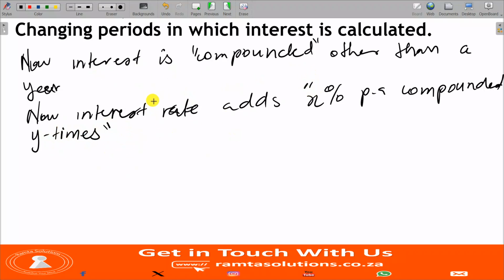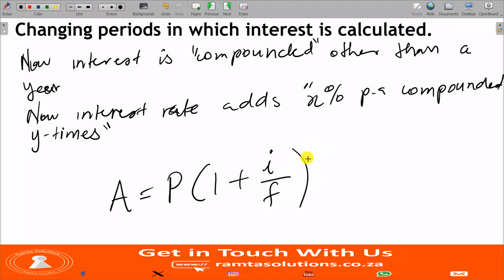When interest is quoted more than once a year, the formula that you know changes. It's going to be A equals P times (1 plus i over f) to the power n times f.